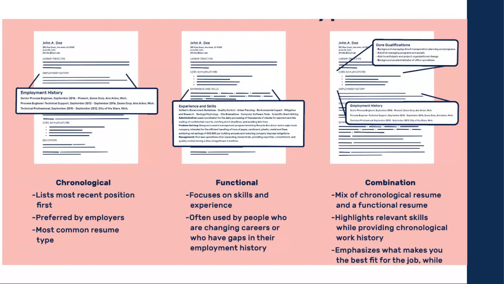But reverse chronological means you make it opposite. You write the most recent one, maybe 2020, on the very top. So you go from the present time to the past time, right? From now to before. So you show what you have done in recent time in the very beginning.